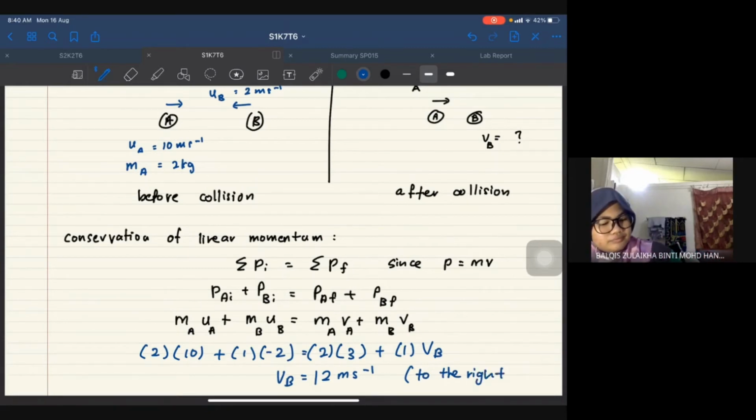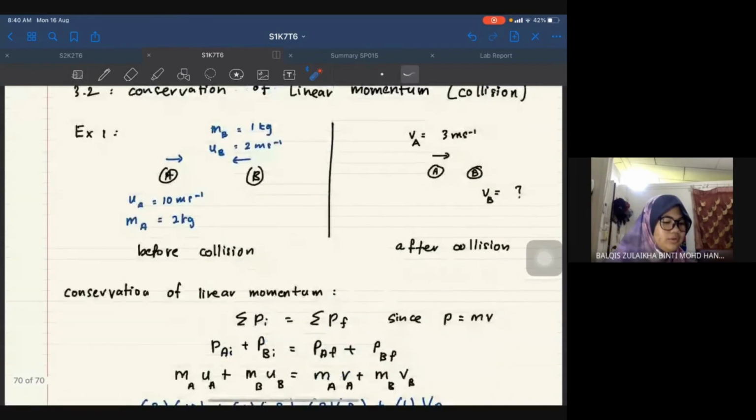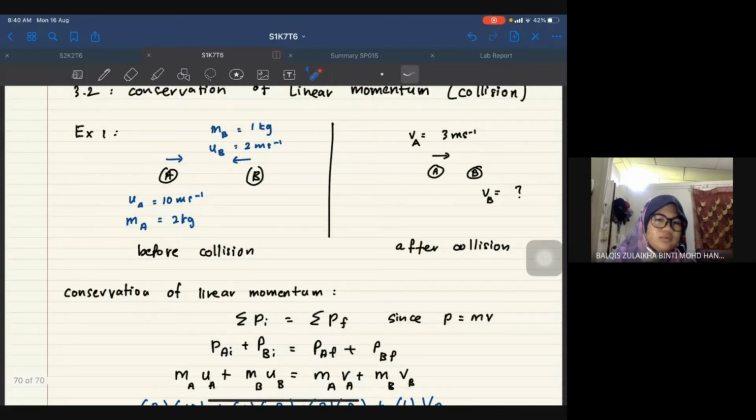Okay. So every time you find an answer, you just write the direction to indicate this one is a vector lah. To the right. Okay, so it makes sense. Kalau kamu nak typical logic, you have a heavy object, heavier compared to the others, and then it has a higher velocity compared to the others.